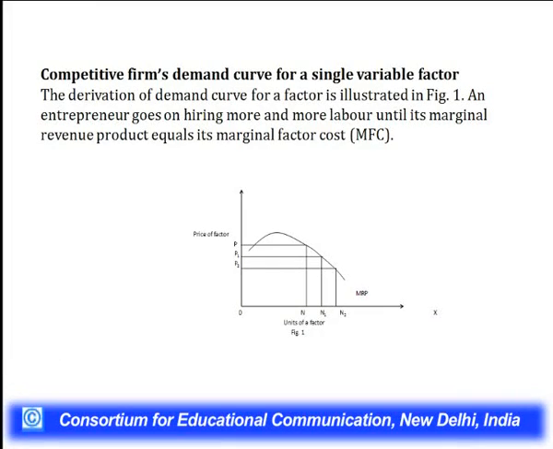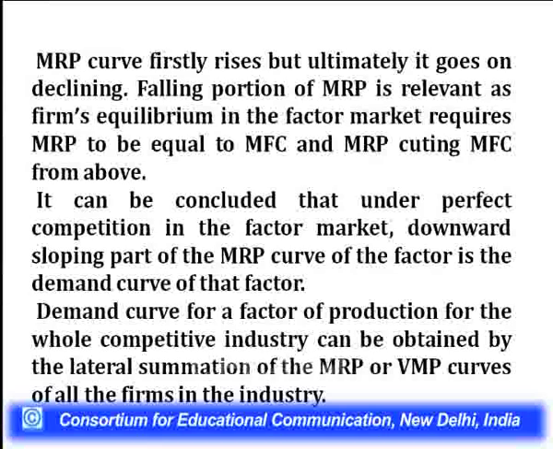We have seen that the MRP curve firstly rises, but ultimately it goes on declining, and the falling portion of MRP is relevant as the firm's equilibrium in the factor market requires that MRP is equal to MFC as well as that MRP cuts MFC from above.